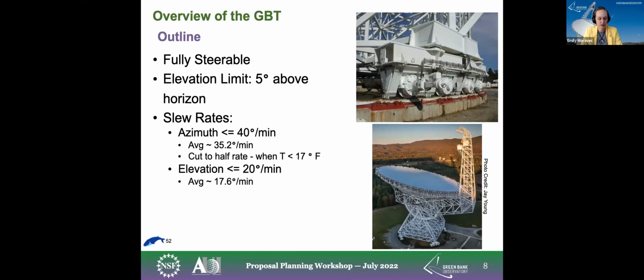And then the elevation is about an average of 17.6 degrees per minute. And I will also point out that you may actually now see in the bottom left-hand corner of the slide that there's an answer to one of the questions in the poll that I previously put up.